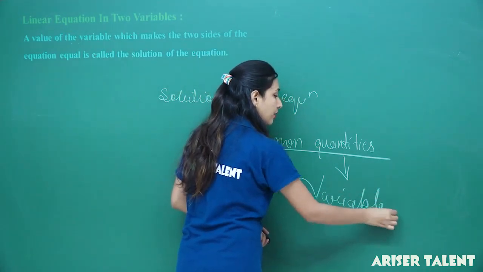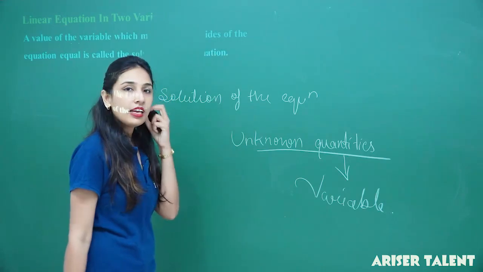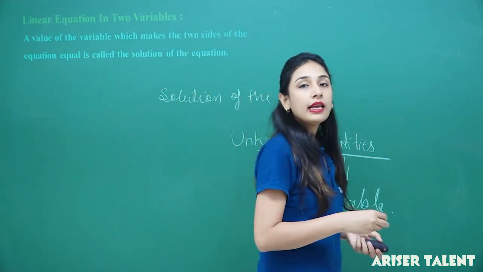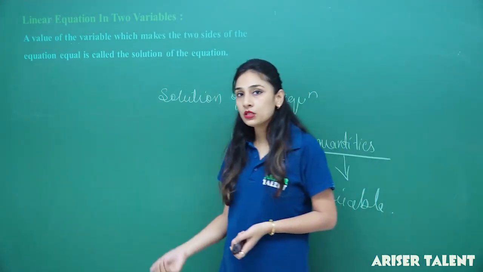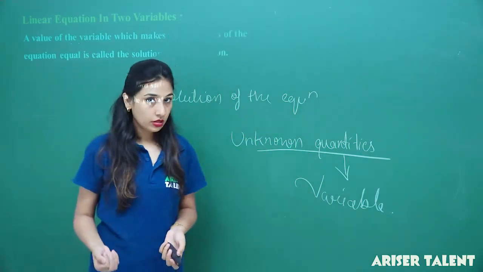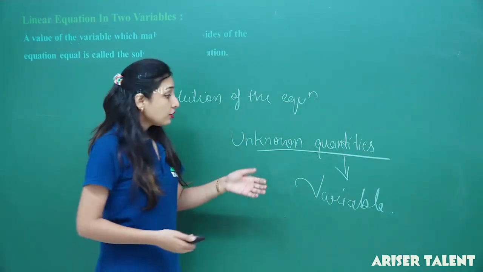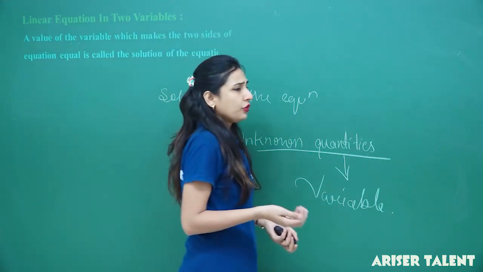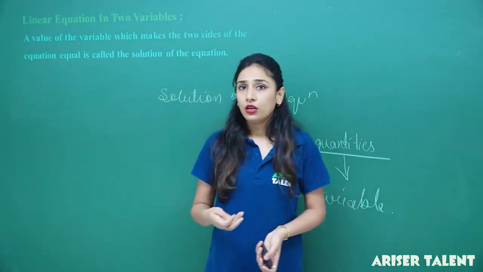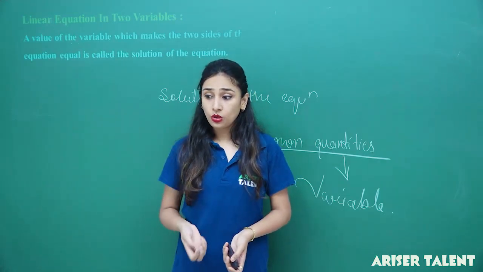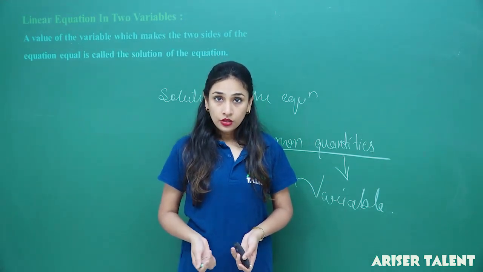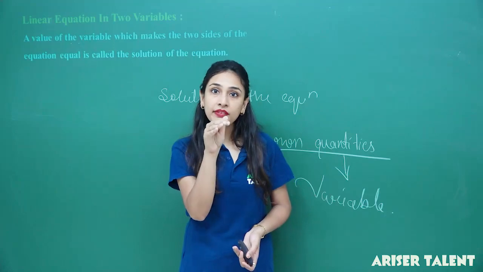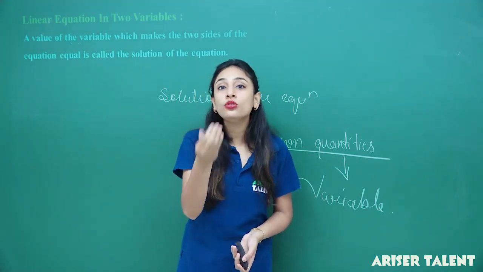We write them like x, y, z, p, q, r, s, t, and these are all variables, students. Now the solution is what? If you are going to figure out something or you have to find some solution of something, then you have to figure out the thing which you don't know, which is unknown to you.